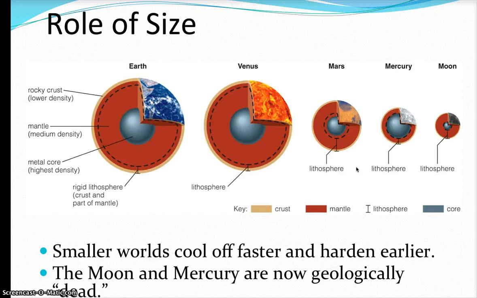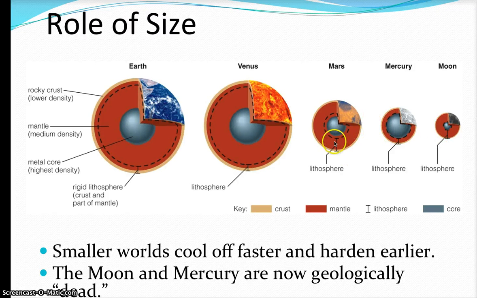The analogy that your book uses is a baked potato. A small baked potato will cool off much more quickly than a large baked potato. The reason for this is the relationship between the surface area and the volume, because a small object has a lot of surface area for its volume, so there's a lot of place for the heat to be lost through the surface, whereas when you have a larger object, there's more volume within that surface and it cools off much more slowly.